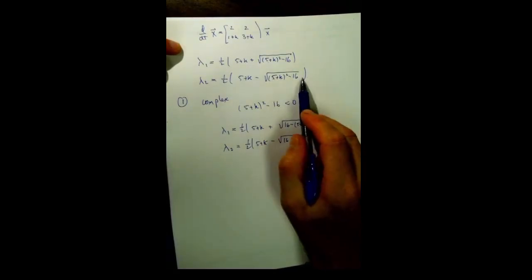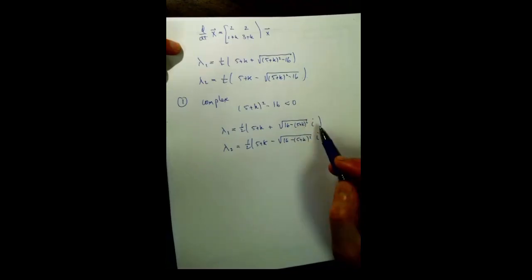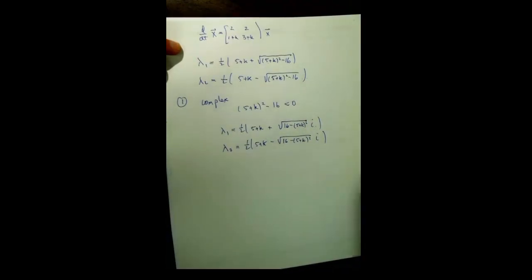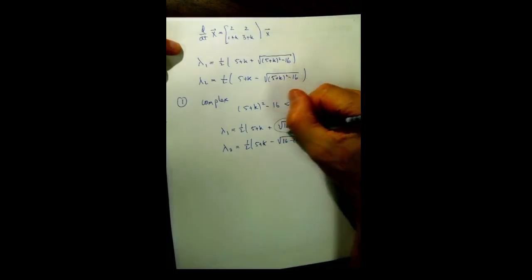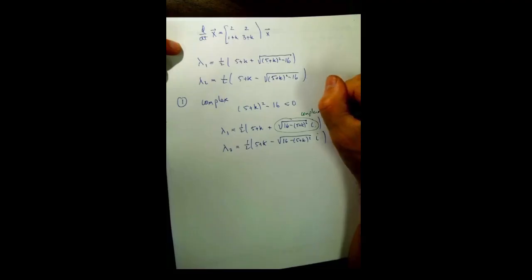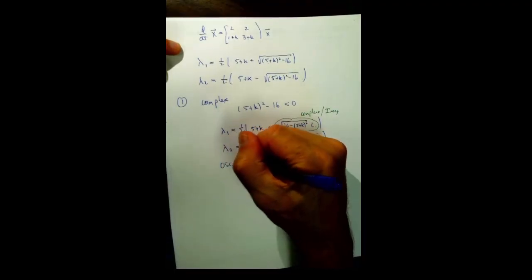If this is negative, I pull out a negative 1, which flips the signs, and then I factor out the square root of minus 1, which is the i. So this is complex, and this is the imaginary part. So we're going to get oscillations.